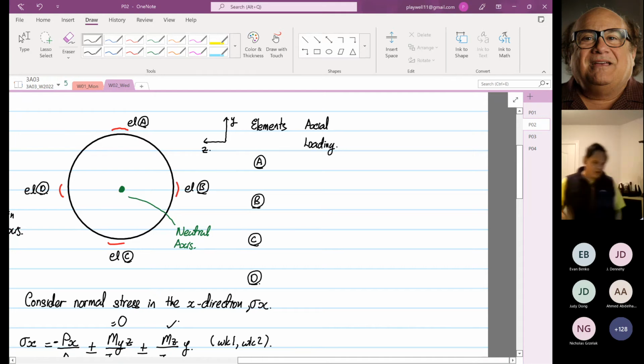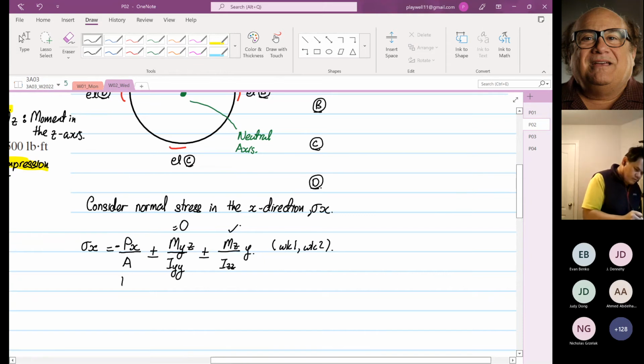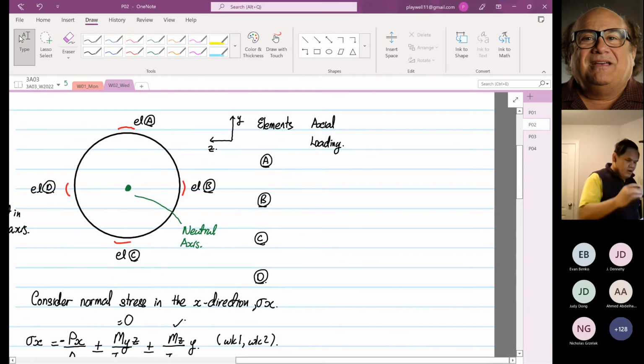Axial loading means based on this formula over here. We realize on axial loading, elements A, B, C, and D all see the same thing. All of them are equal to minus Px over A.